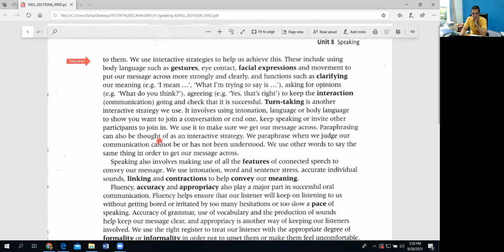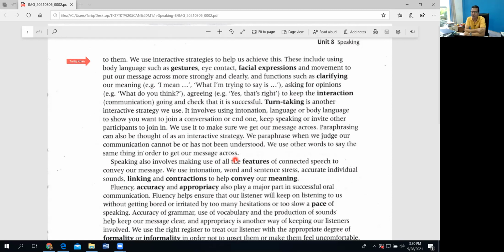Paraphrasing can also be thought of as an interactive strategy. We paraphrase when we judge our communication cannot be or has not been understood. So what we do in that, we use other words to say the same thing in order to get our message across. Paraphrasing usually we do, mostly when teachers are doing that.